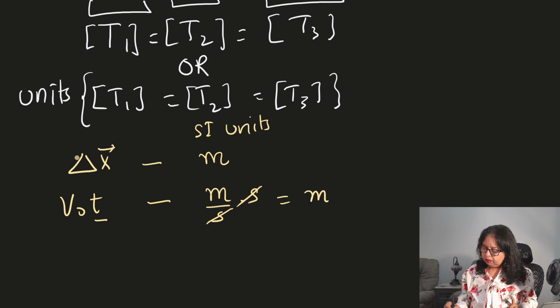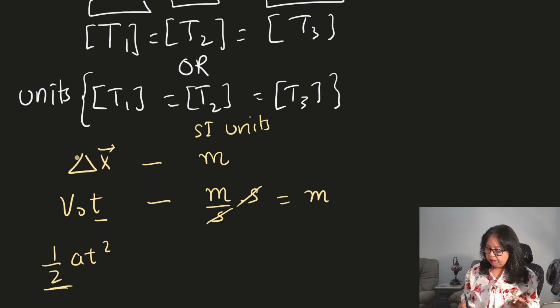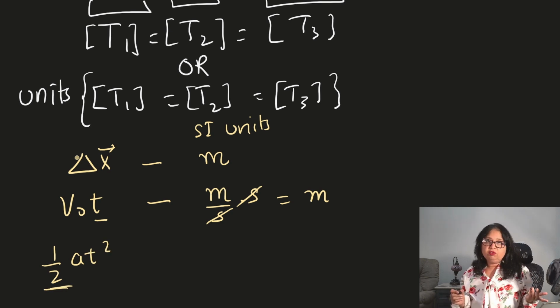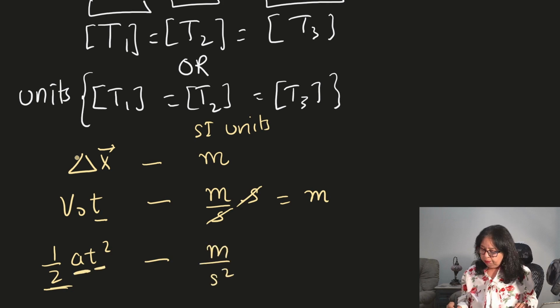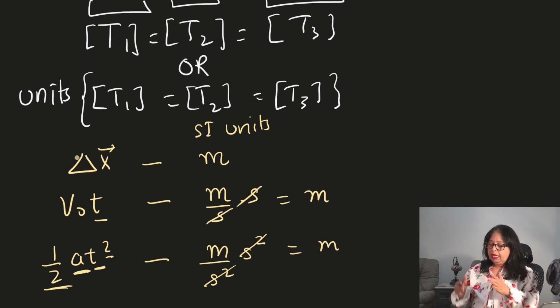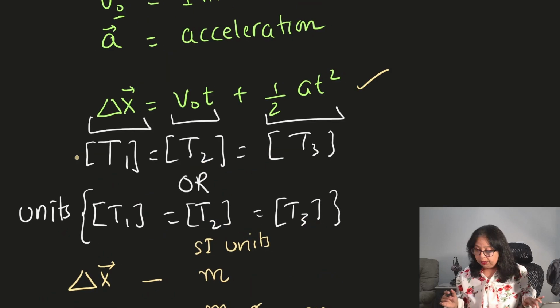Seconds cancel out, you're left with meters. 1/2 at squared, the last term: 1/2 is unitless, it's just a number. Acceleration a is meters per second squared. T squared: t is seconds, and it's being squared. S squared cancels out, you're left with meters. So the SI unit for each of the three terms in this equation is the same.